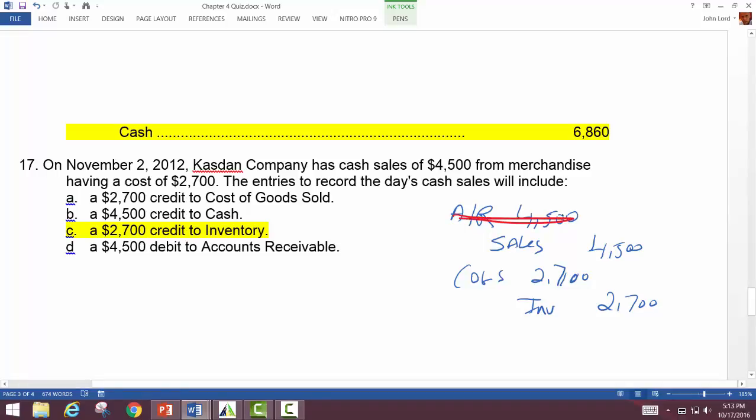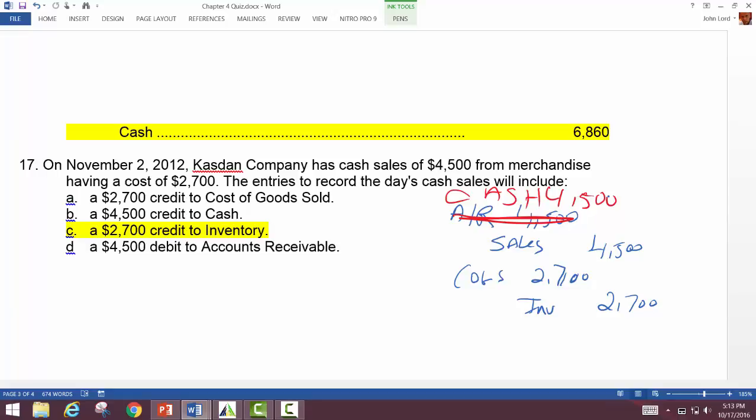We debit cash, $4,500, and we credit sales. And then, of course, we have to record the cost of goods sold, so we debit cost of goods sold and credit inventory for $2,700.